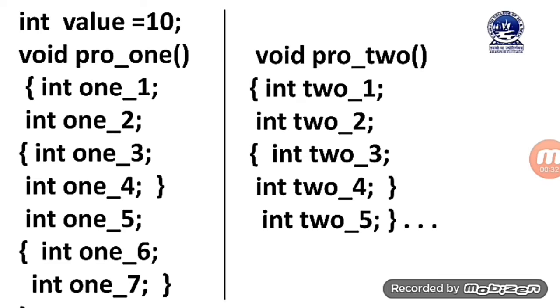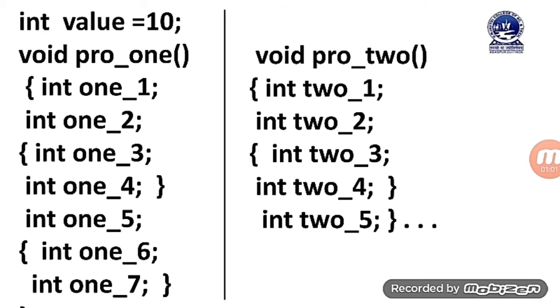Let's start. Here the first one is int value equal to 10, which is global in nature. Then inside void pro1, which is a function or procedure, I have used two variables, int1_1 and int1_2. Then I have used one inner block, and inside the inner block I have used int1_3 and int1_4.